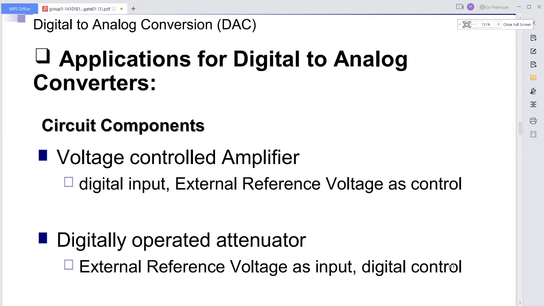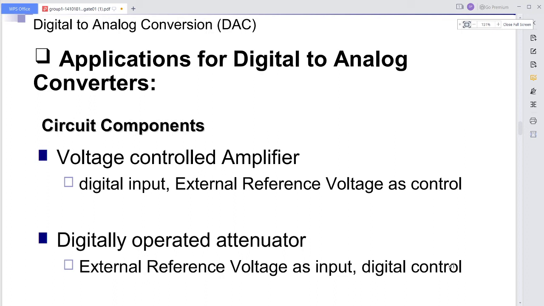If you take any digital communication system that involves digital to analog converters and analog to digital converters, to process the digital form of data, analog form has to be converted into the digital one.